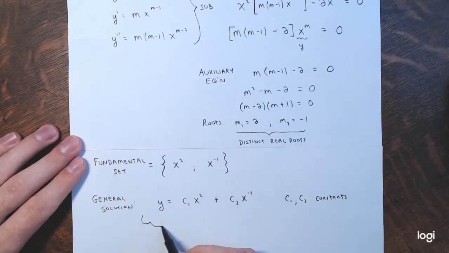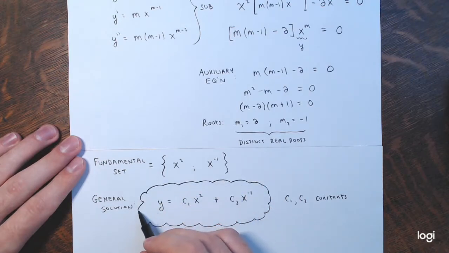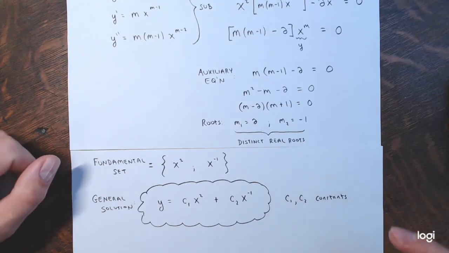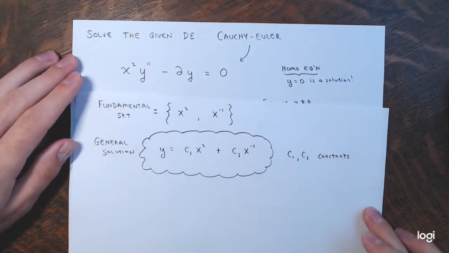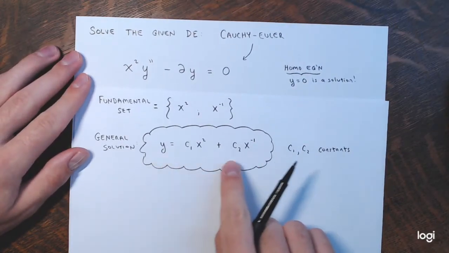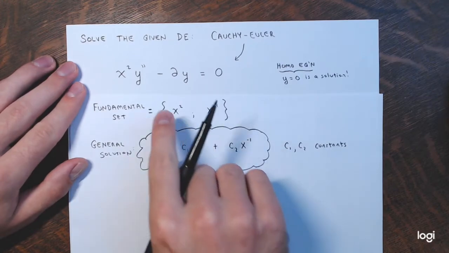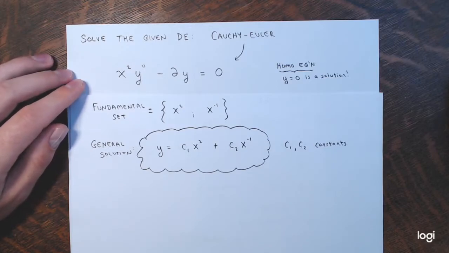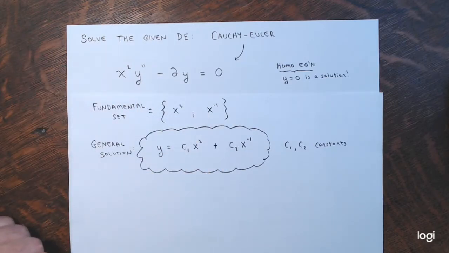And I would leave it to you to verify this. Just take the first derivative, take the second derivative of this expression, and substitute it into the equation, and you would see indeed we'd have a true statement, right? And like I said, I'll leave that to you.